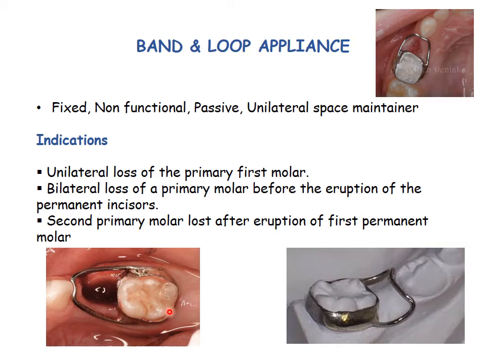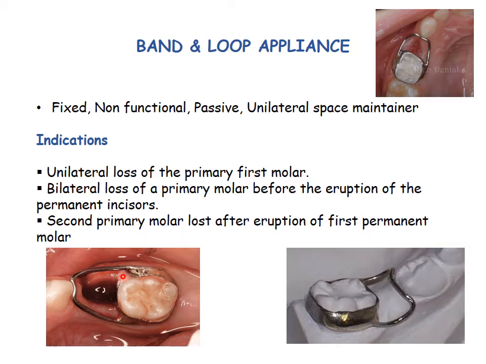Then it is passive because it is not applying any pressure or force to the adjacent tooth. Then it is unilateral. It can be unilateral or bilateral depending upon the situation, which we will be reading later. So the indication of the band and loop appliance is unilateral loss of the primary first molar.